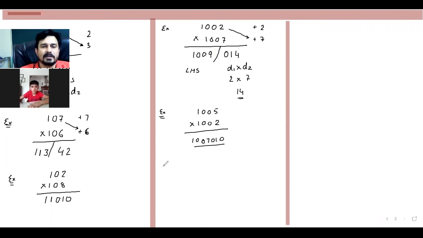Okay, let's change the base. Now the base is 10. Try this.